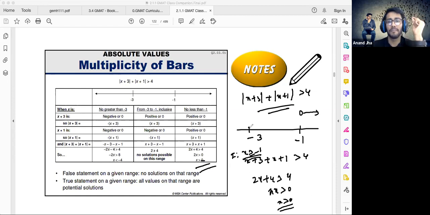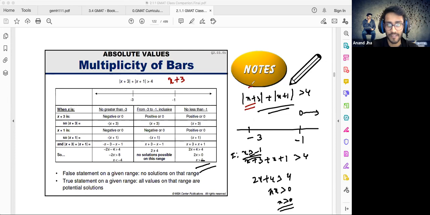Okay, next, -3 to -1. Now tell me, between -3 and -1, which will be positive and which will be negative? More than -3 means this is positive. I'm solving it generally, which I'm not recommending for exam.